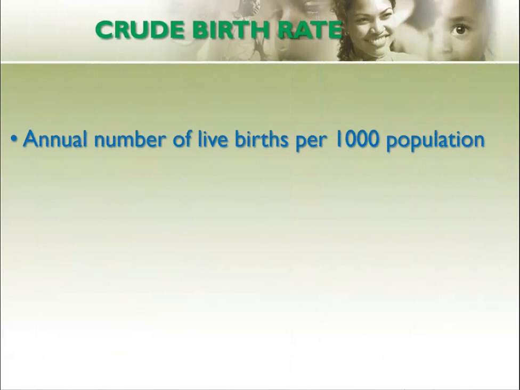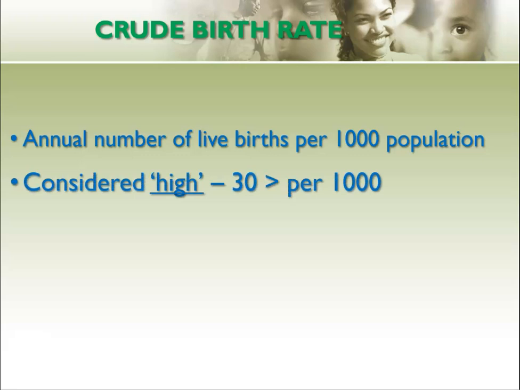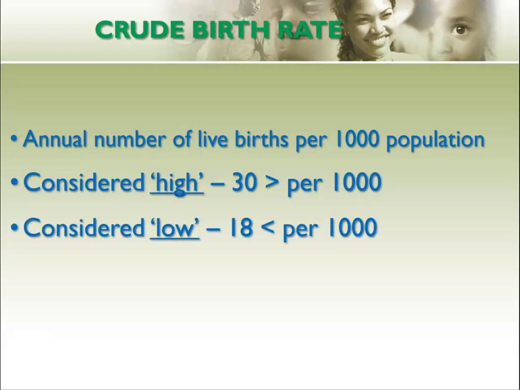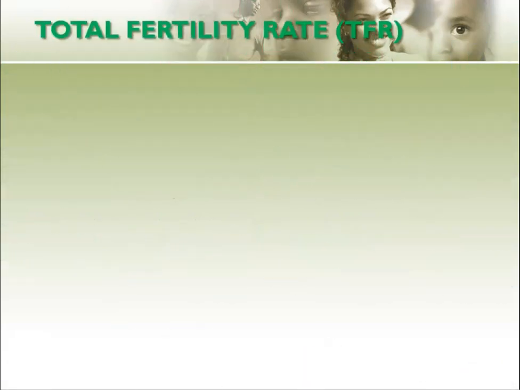Crude birth rate can be defined as the annual number of live births per 1000 population. It is considered high when there are more than 30 live births per 1000 population. It is considered low if it is 18 or less.